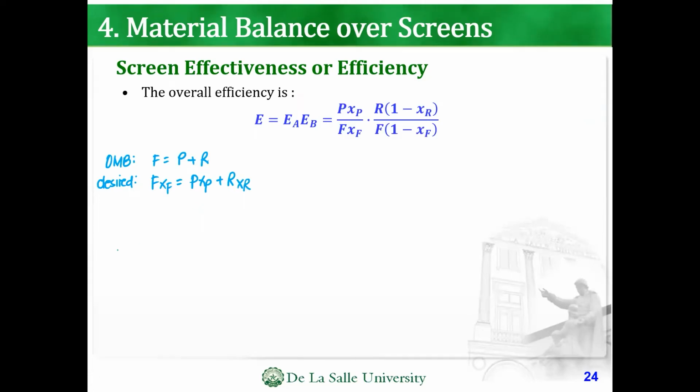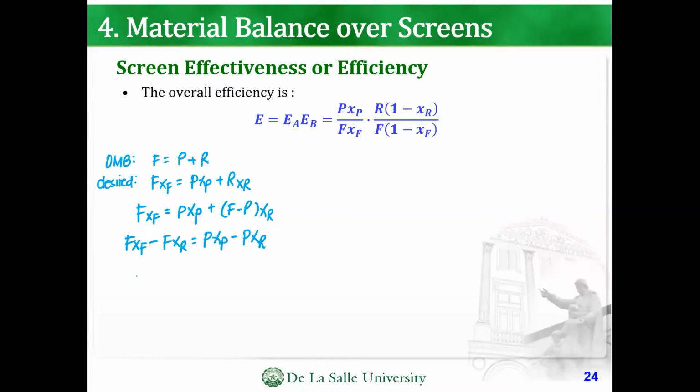What we do is we replace R by F minus P. So I can say F XF minus F XR is P XP minus P XR.